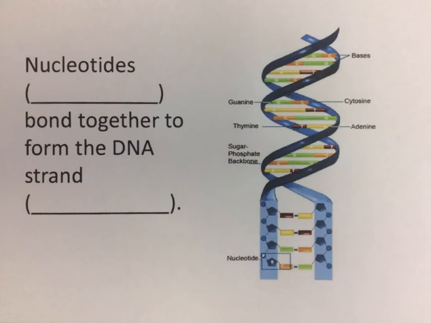Okay, so as we discussed, nucleotides are the monomer of DNA. Our nucleotides are going to bond together to form the DNA strand, which is the polymer. If you look down in this picture right here, it has boxed a nucleotide. A nucleotide includes three parts: a phosphate, a sugar, and a base.